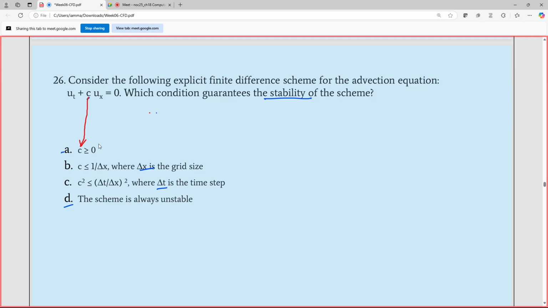Option B, c less than or equal to 1/Δx, where Δx is the grid size. Option C, c² is less than or equal to (Δt/Δx)², where Δt is the time step and Δx is the grid size. Option D, the scheme is always unstable.